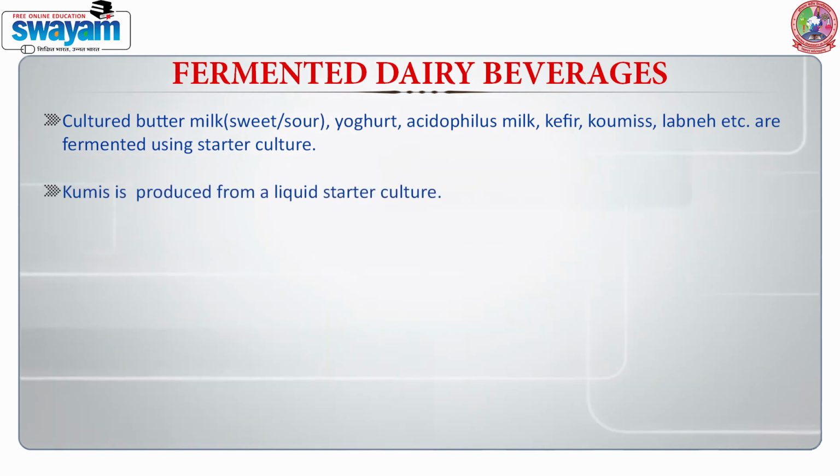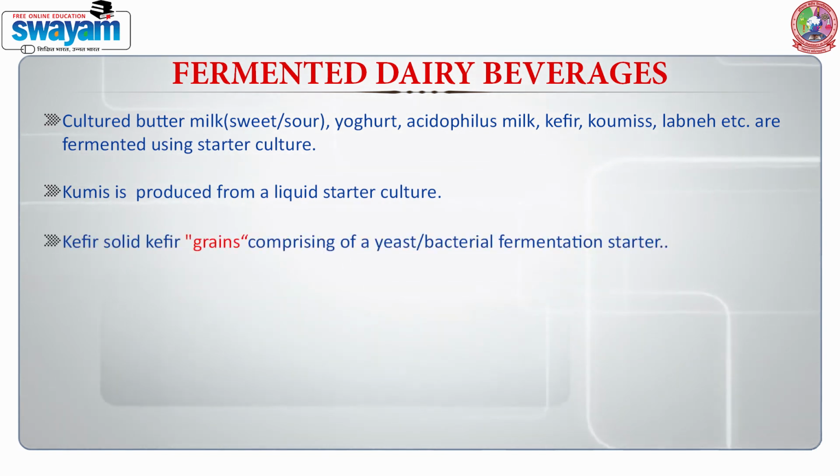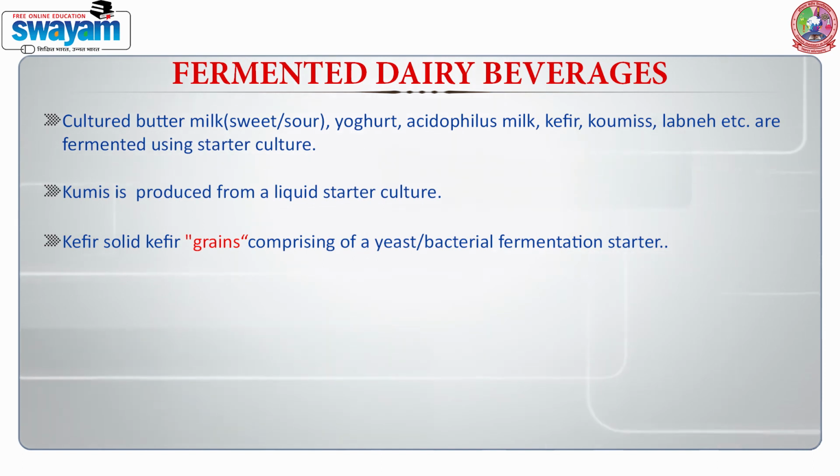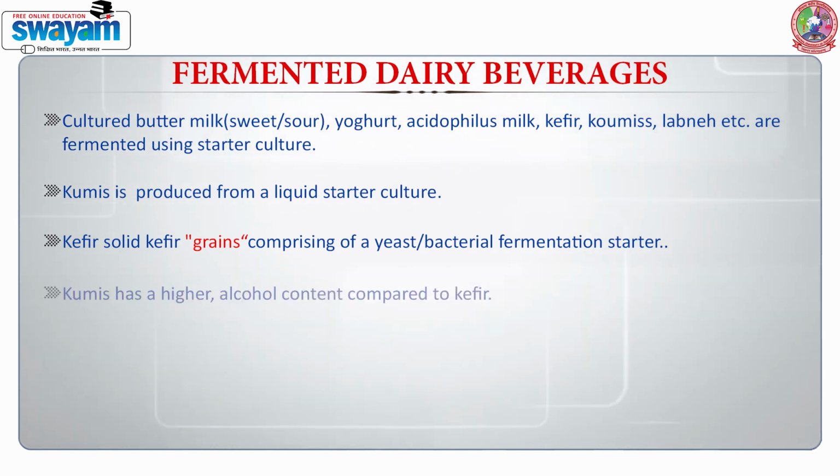Kumis is produced using a liquid starter culture, whereas for kefir fermentation, solid kefir grains comprising yeast and or bacterial fermentation starters are used. Kumis has higher alcohol content compared to kefir.